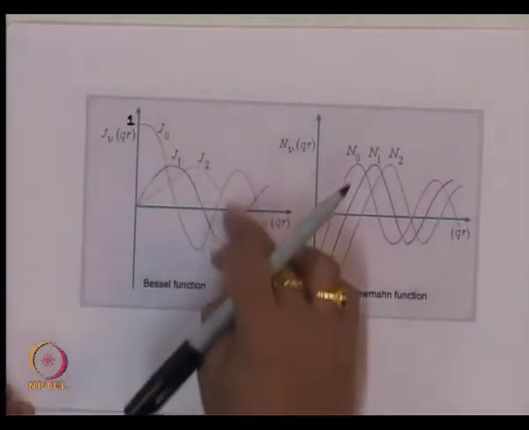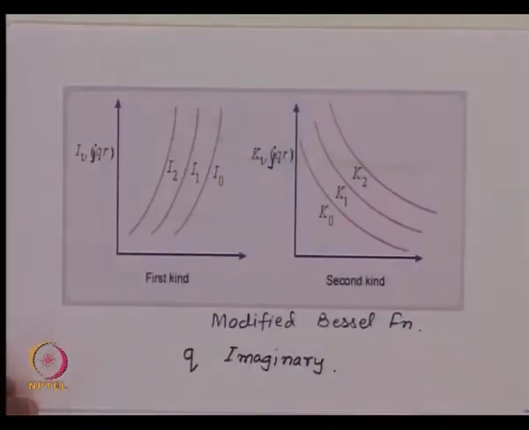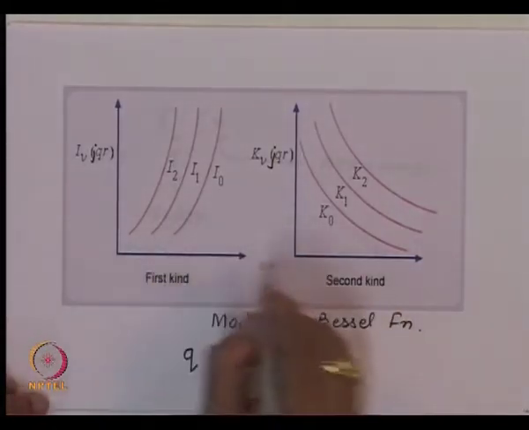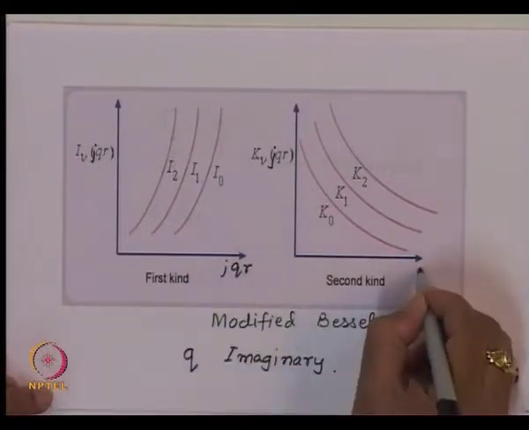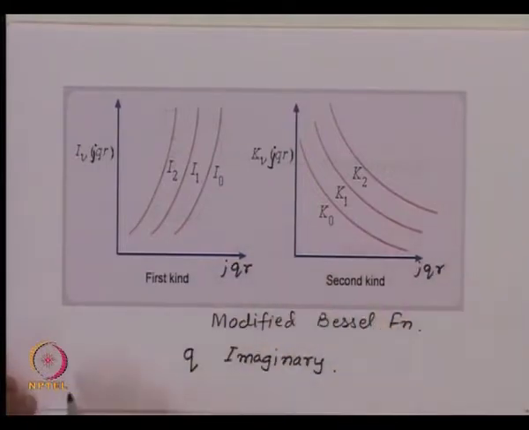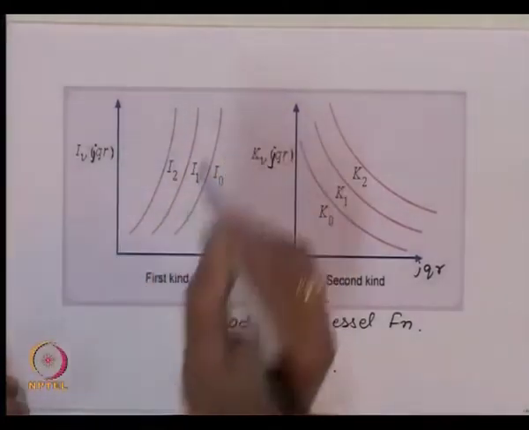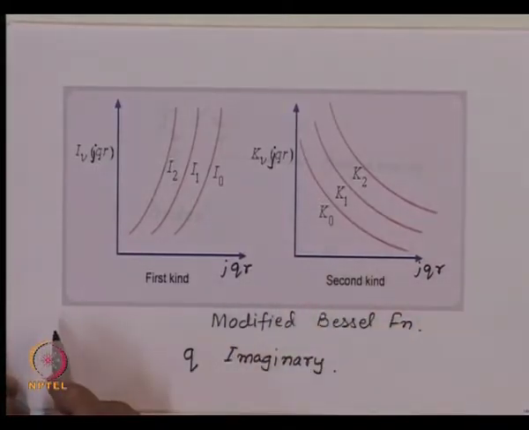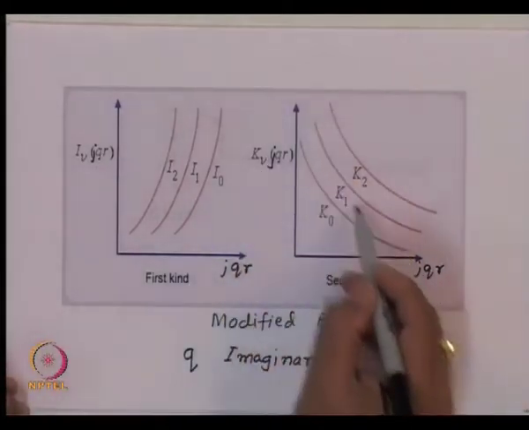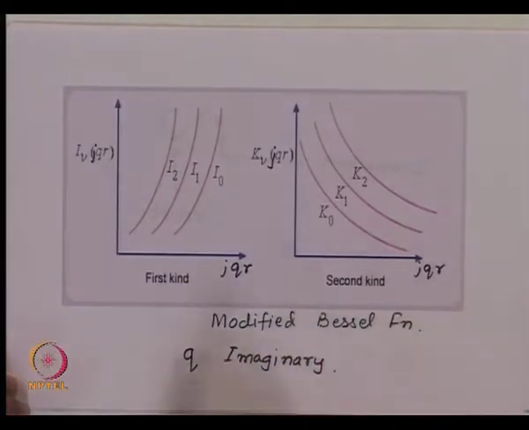These functions are oscillatory in nature, whereas these functions are monotonic in nature. So as I change the argument, this is qr, the I function monotonically increases as r increases, and the k function monotonically decreases as r increases.